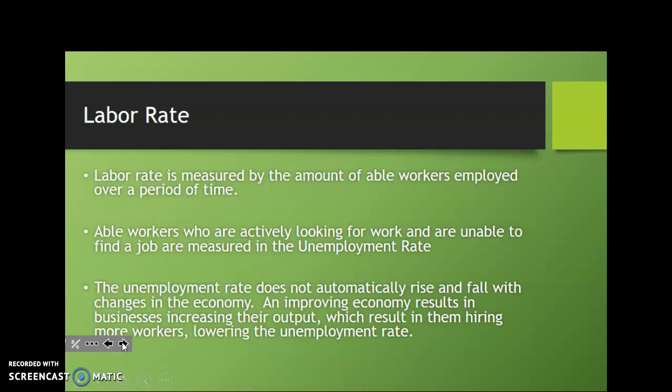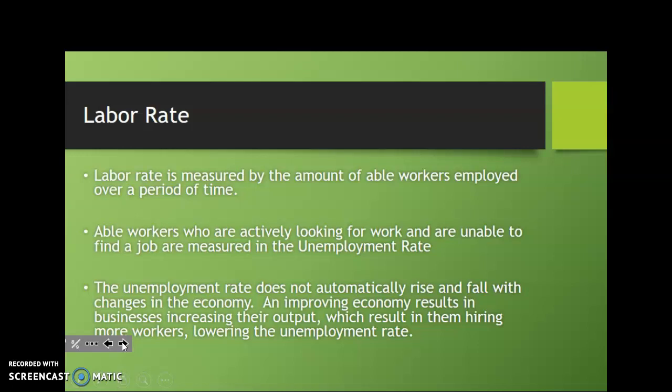Now, if they are looking for work, they are able to work, and they are employed, that is the labor rate. And we have to remember that the unemployment rate doesn't automatically rise and fall with changes in the economy.